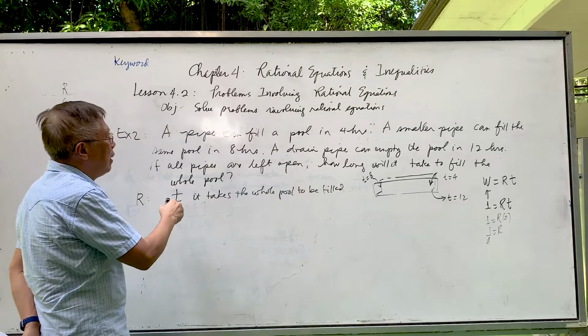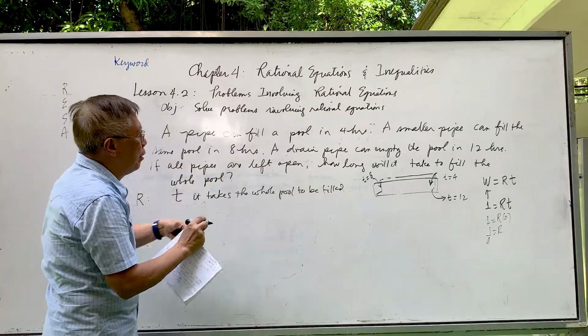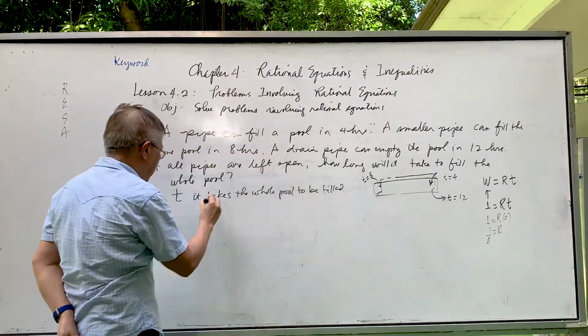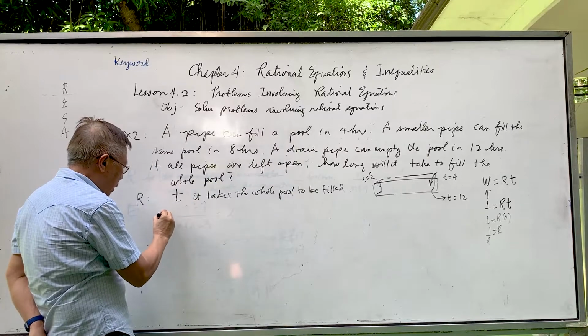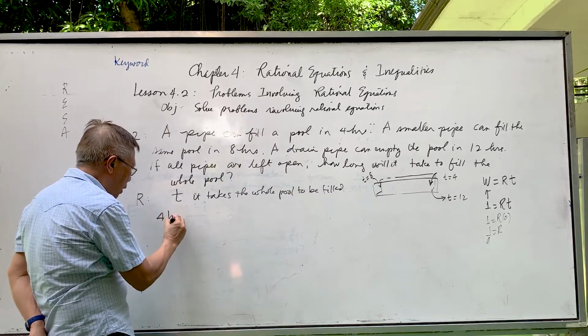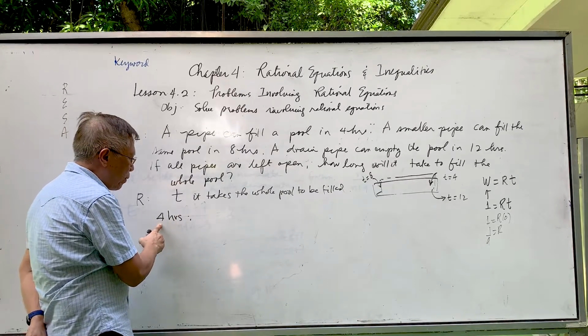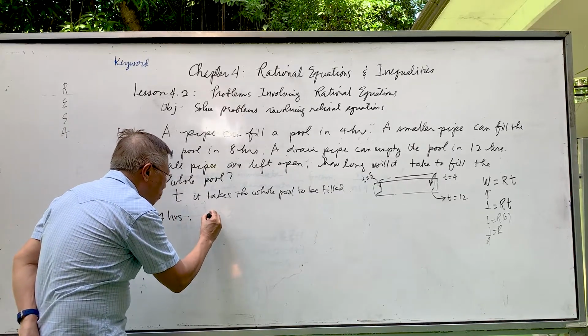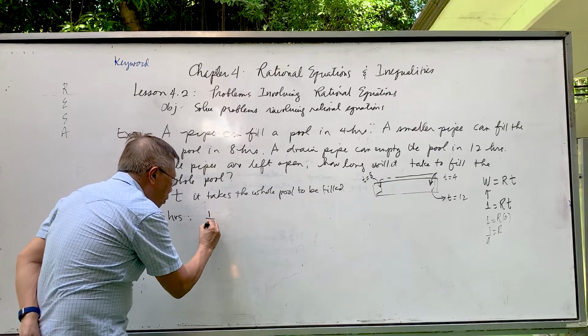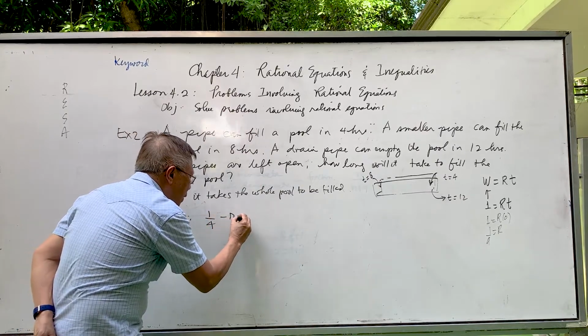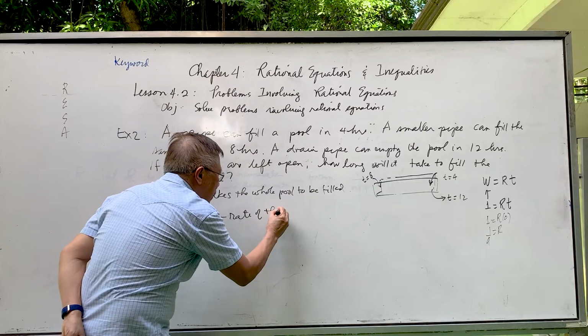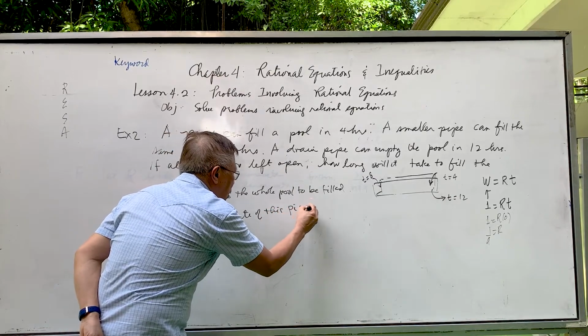Okay, let's have the information here for this pipe here. If this pipe here fills the pool in 4 hours, we will have 1 over 4 will be the rate of this first pipe. Okay?